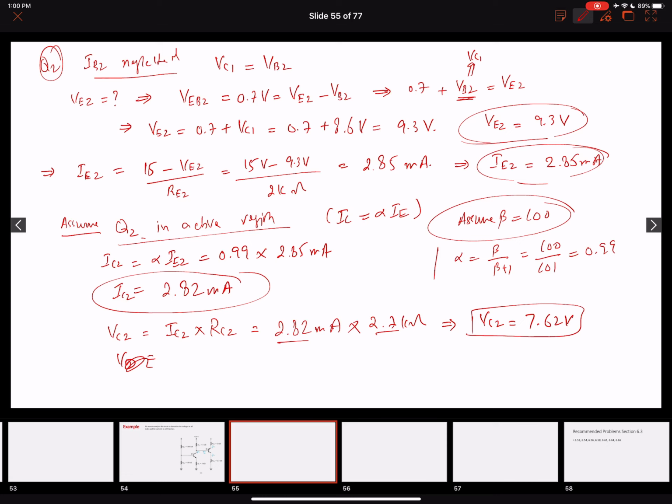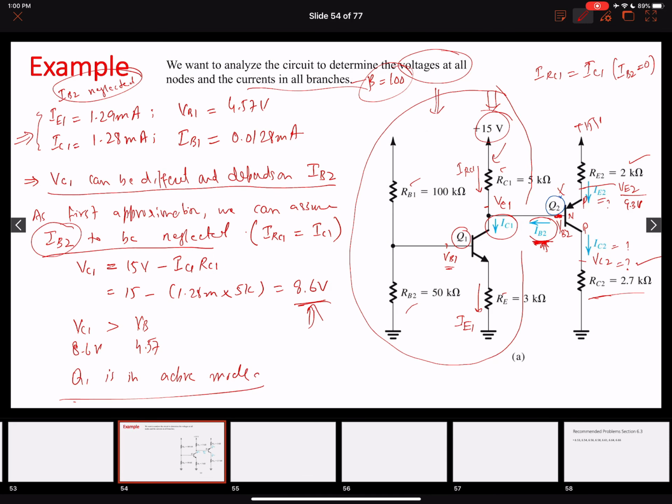Now, after finding the collector current and the collector voltage, we need to verify our assumption whether the transistor is actually in the active region or not. Our VC2 is 7.62 volts. And what is our base voltage? Going back here, we assumed VB to be 4.57, neglecting IB2.